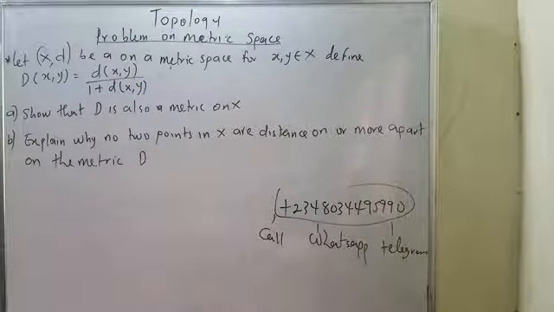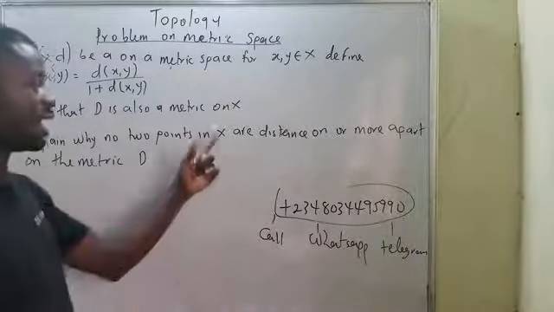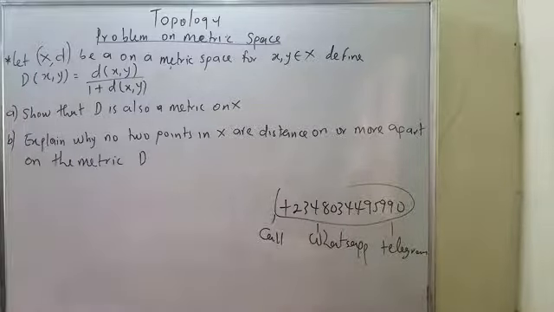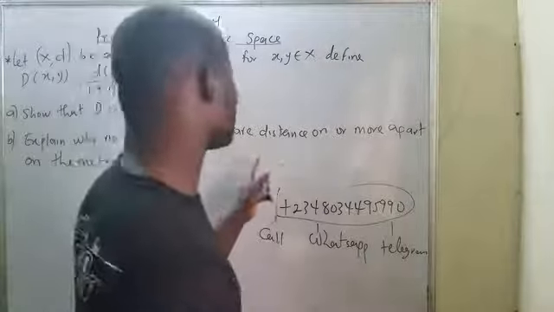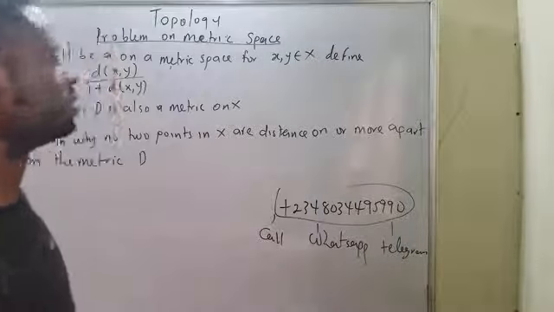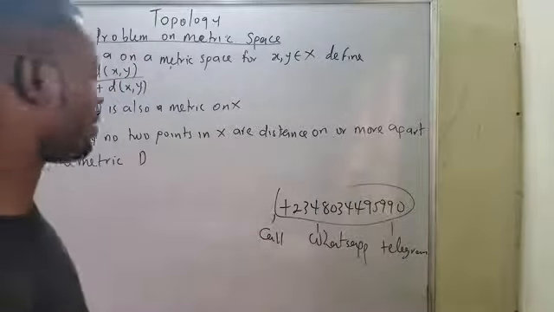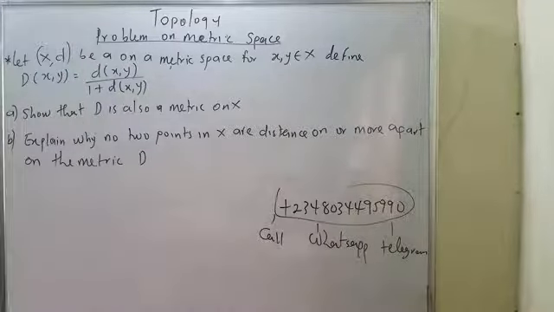Show that D is also a metric on X. Explain why no two points in X are a distance of one or more apart in that metric D.